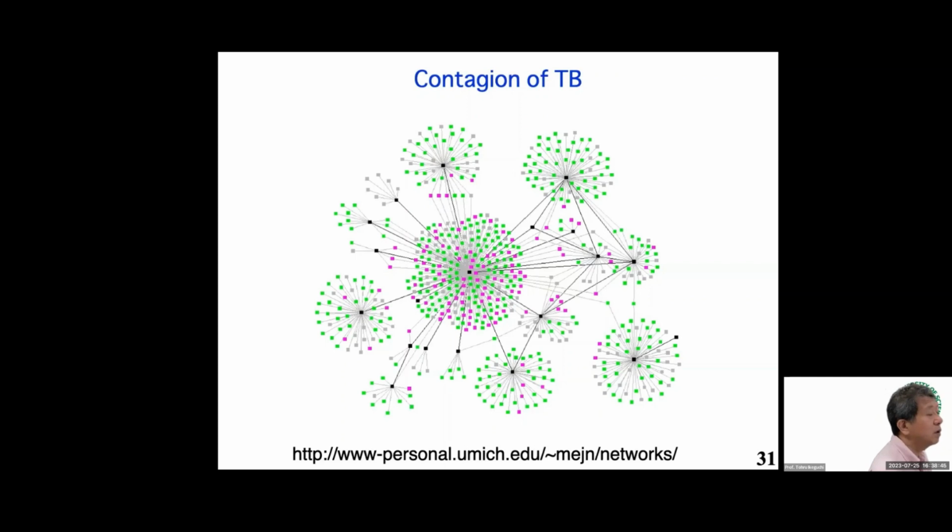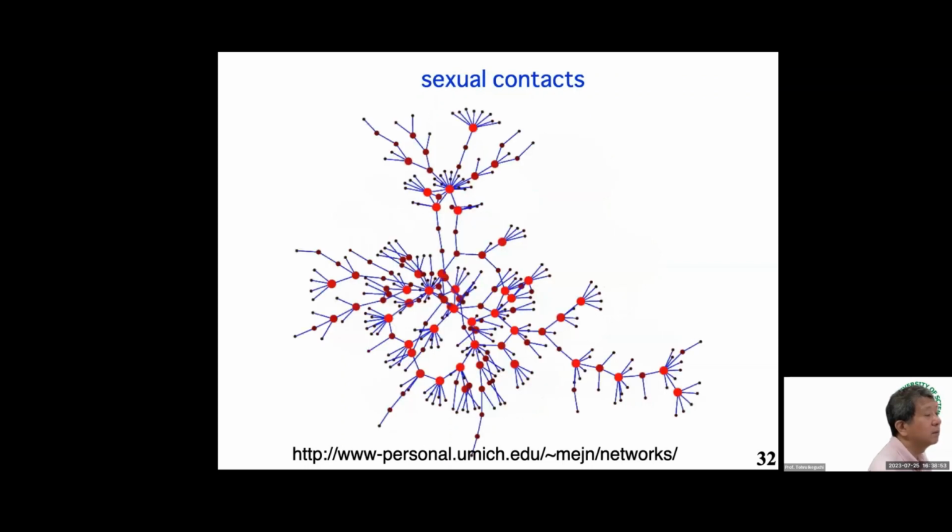This graph shows the transmission of tuberculosis. You can see that the black vertices have very many edges to other people. This graph comes from the risk network structure of persons with HIV infection during the early epidemic phases in Colorado Springs, United States.